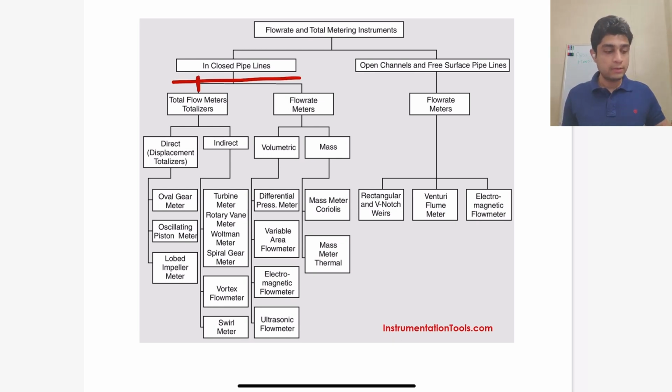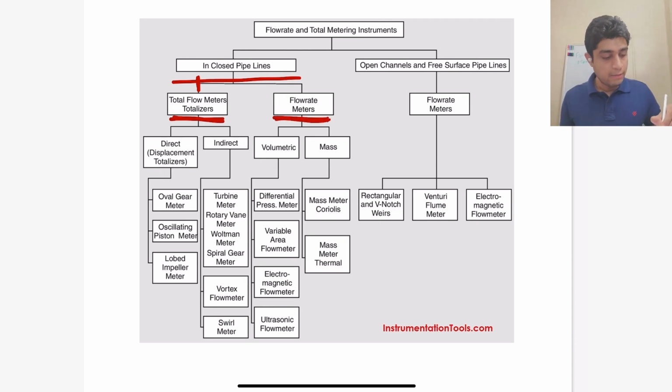Here also you have totalizers, or total flow meters, as something that you use in gas pumps or your household water meters. Totalizers just measure the amount of fluid that has passed.